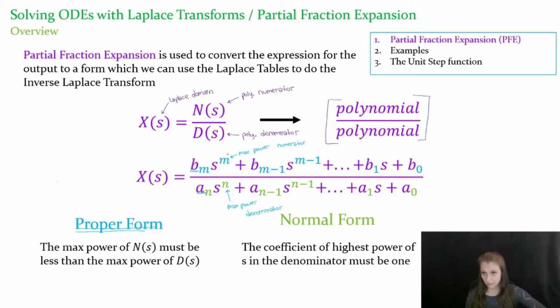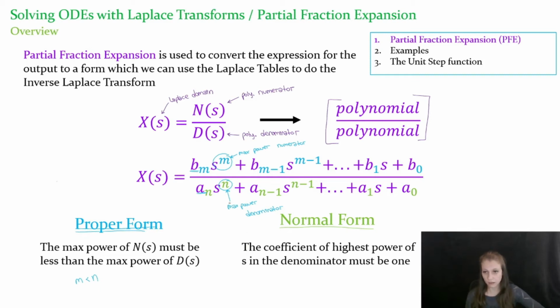So with that being said, what proper form means is that M has to be less than N. And for normal form, the coefficient of the highest power of s in the denominator must be 1.